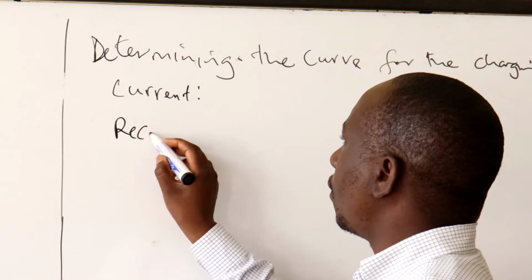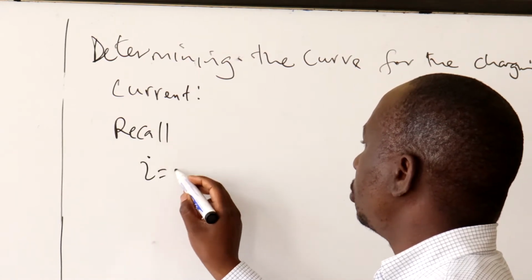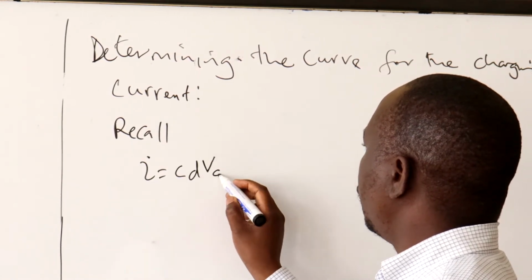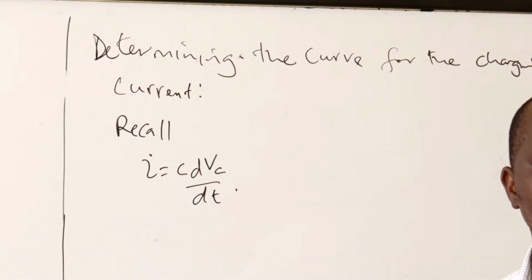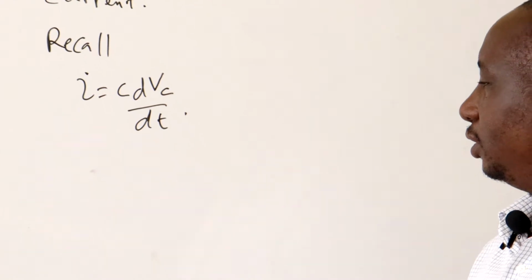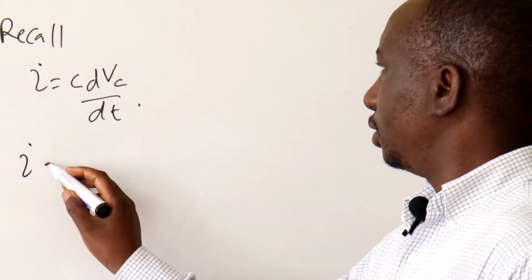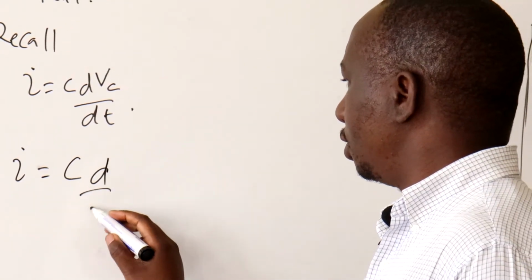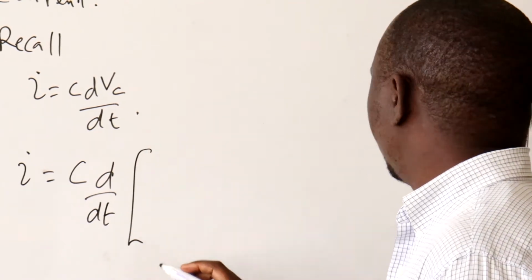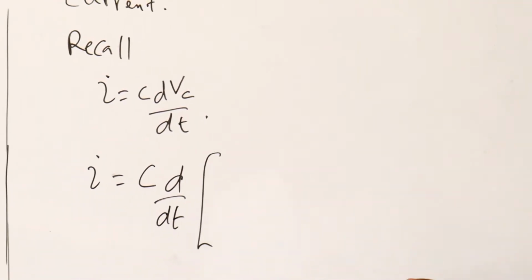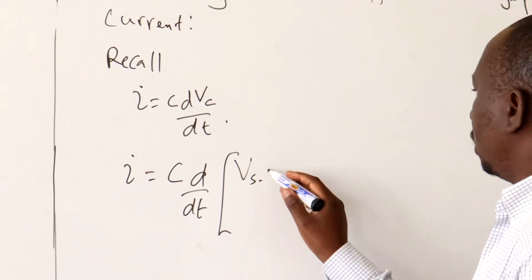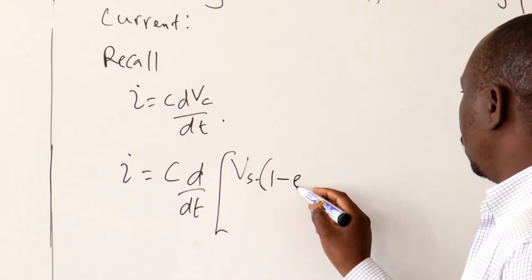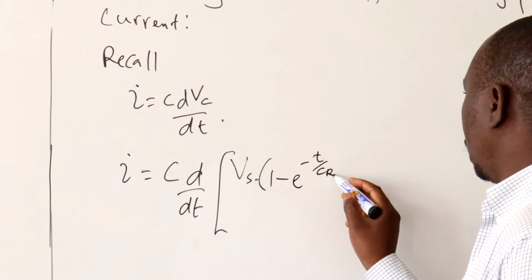So first recall, I is supposed to be C dVc/dt. We have that in mind. So I, that means we shall have C d/dt. But what is our Vc? Our Vc from the equation was given as Vs into 1 minus e to the minus t over CR.